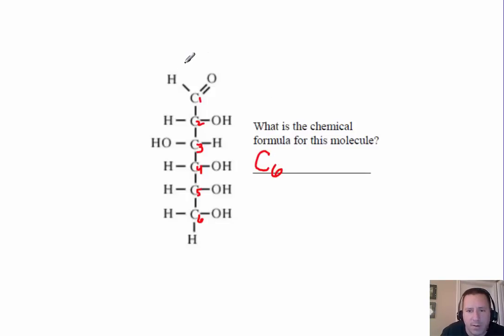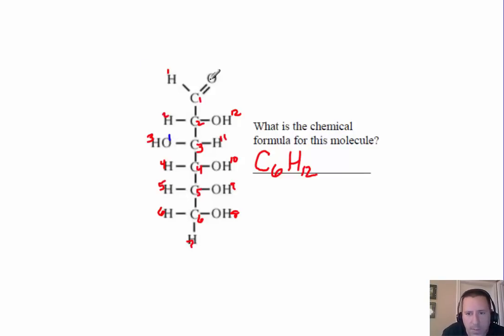How many hydrogen do we have? 1, 2, 3, 4, 5, 6, 7, 8, 9, 10, 11, 12. We have 12 hydrogen. And finally, how many oxygen do we have? We'll do this in a different color so we don't get confused.